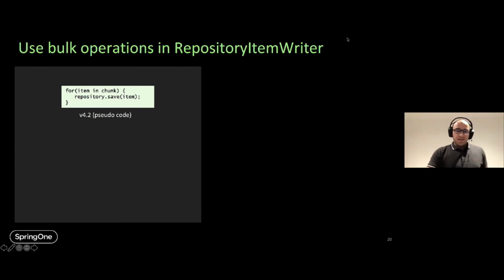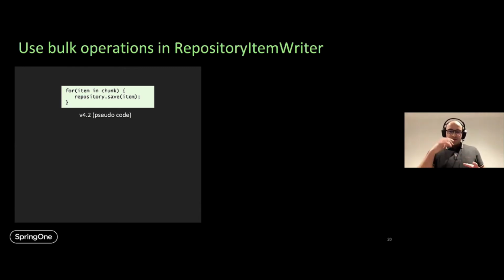The second improvement is similar to the previous one. It's in the repository item writer. So this writer is backed by a Spring Data repository. And in order to use it, we need to specify a method name to use for each item, like save or update.